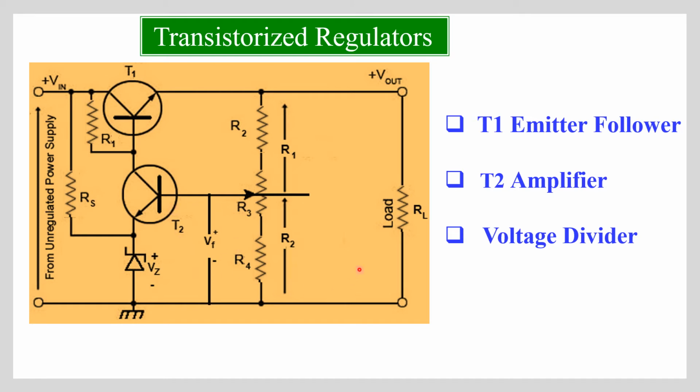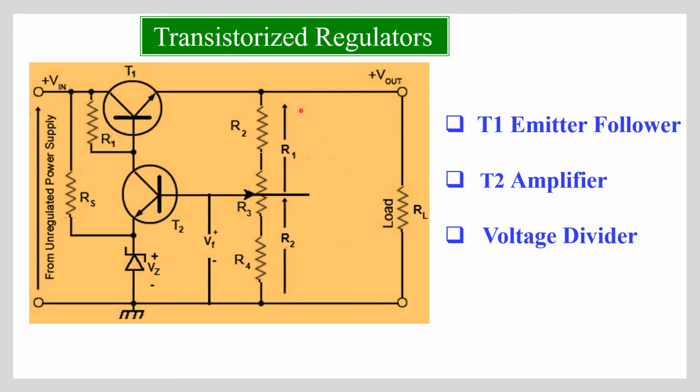The feedback voltage Vf controls the collector current of the transistor T2. So the output voltage is stabilized against changes in the open loop gain, the line voltage and the load resistance. So it keeps the output voltage constant.